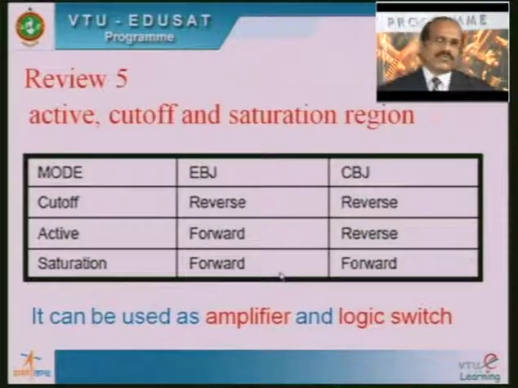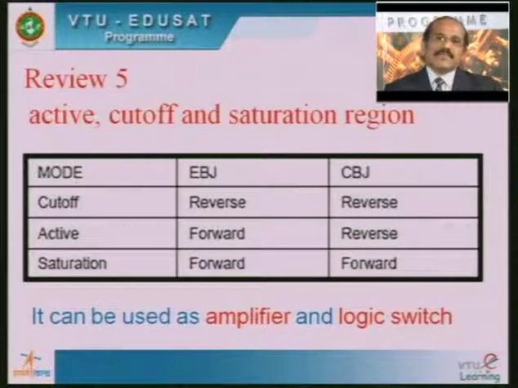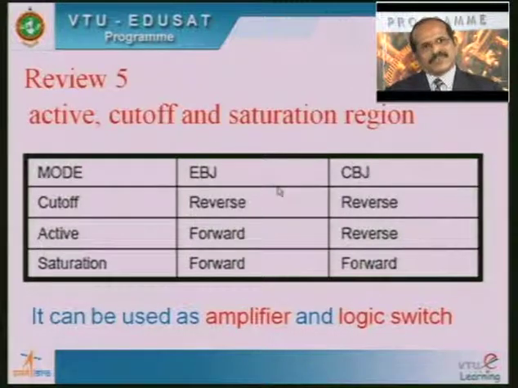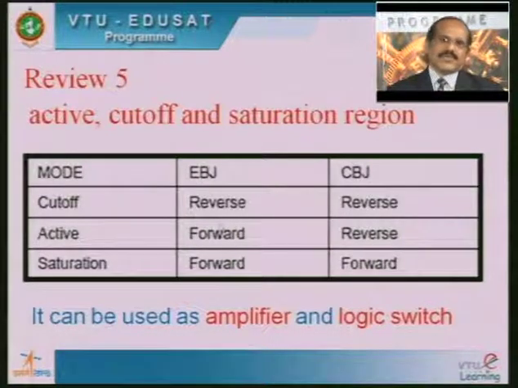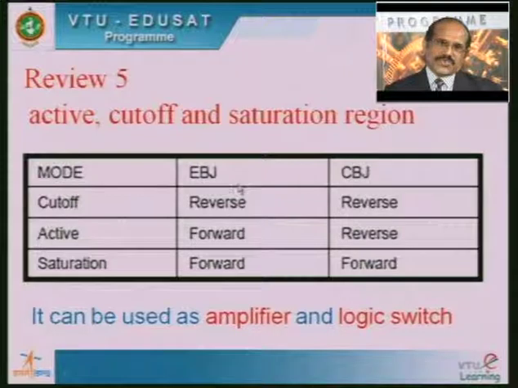We have also noted that a semiconductor junction can have either a forward bias or a reverse bias. So there will be a combination of the forward bias and reverse bias cases. Depending upon a suitable combination of these, the BJT can operate in either the active region, cutoff region or saturation region.